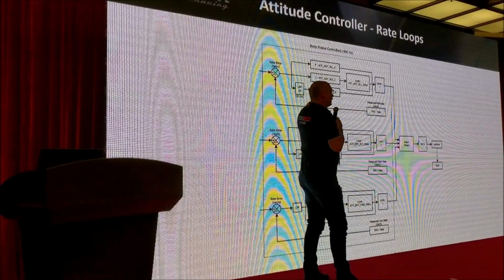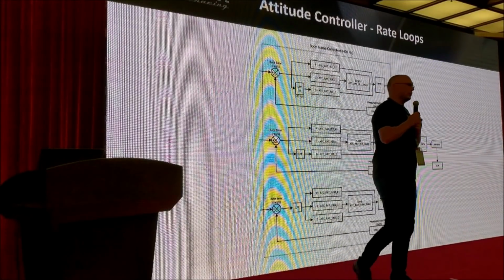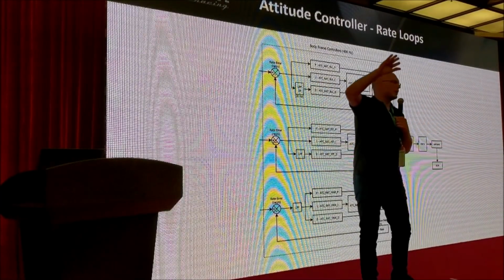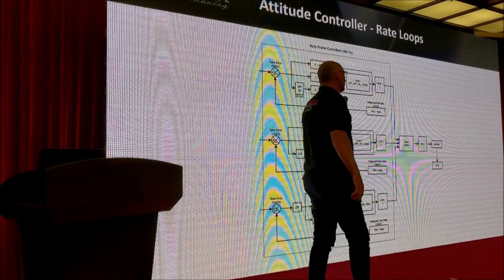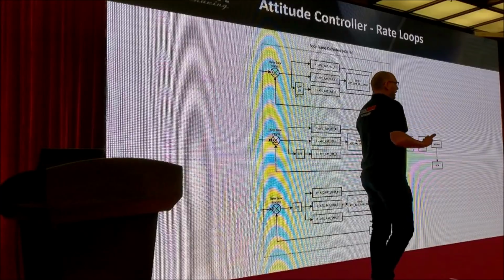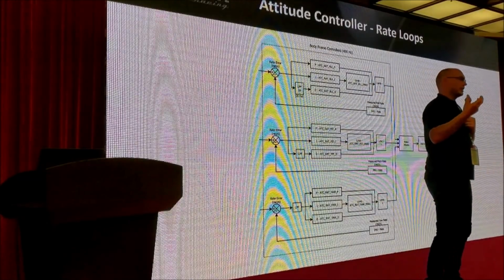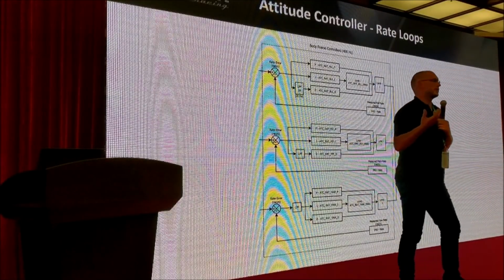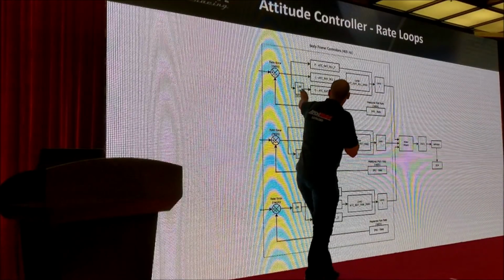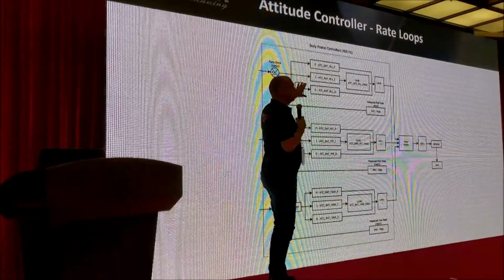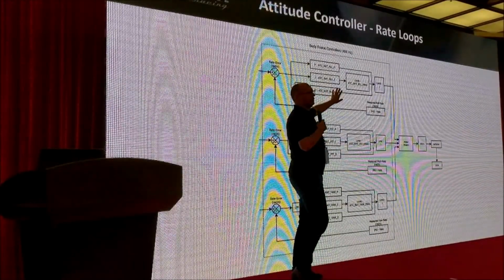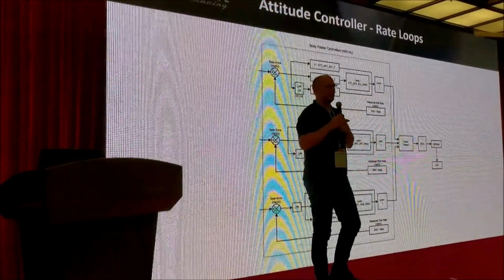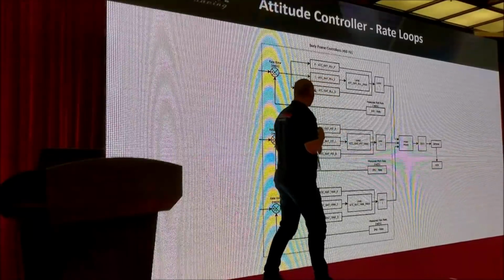Now, if we leave the D term alone, the D term gets bigger and bigger and bigger the higher we go. And that can cause noise to get very, very strong in our system. So we always have a filter, a low pass filter, that stops D getting too large for the high frequencies.